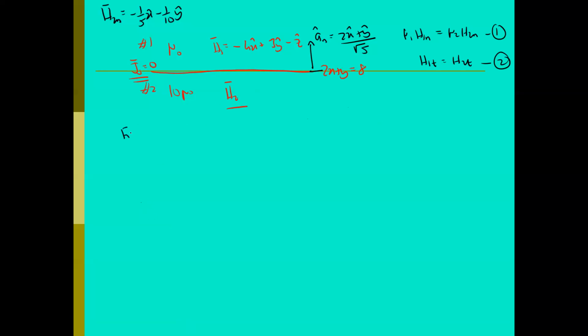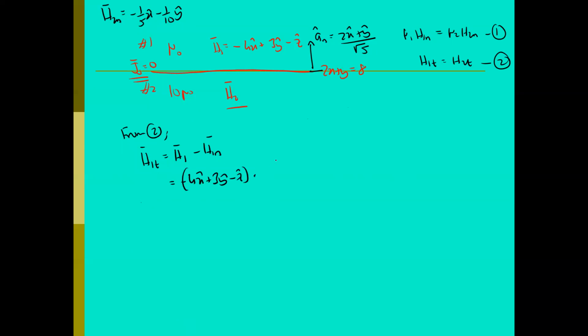Okay, from 2, we know that the H1t is equal to H2t. So from what we have obtained just now, we can see that the H1t vector shall be equal to H1 minus the H1n vector. And from what we have obtained, that should be -4 of x plus 3 of y minus z direction.